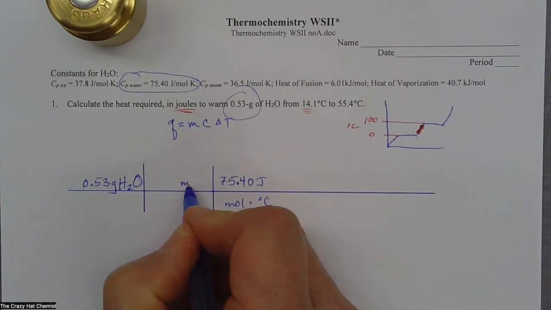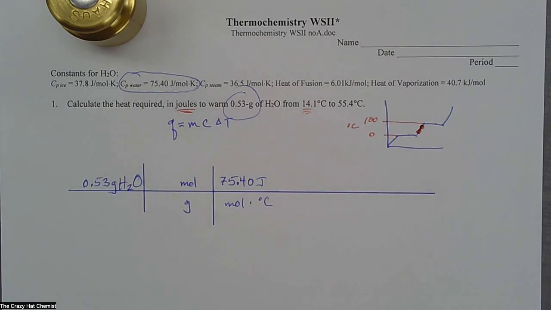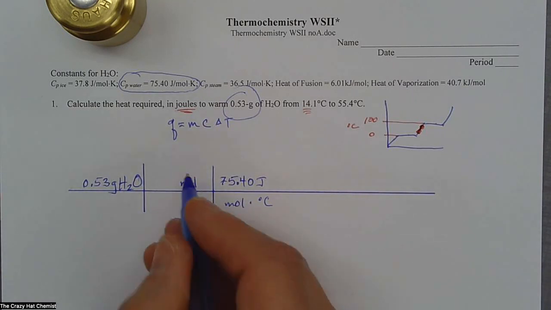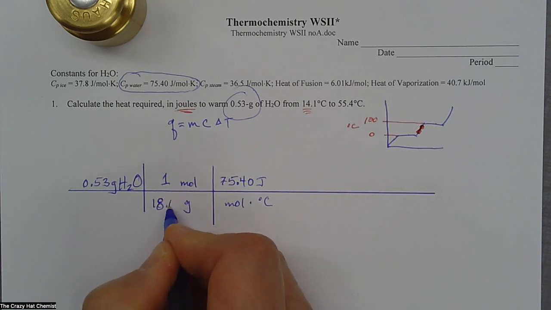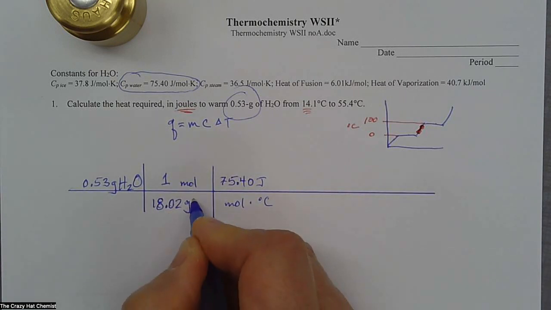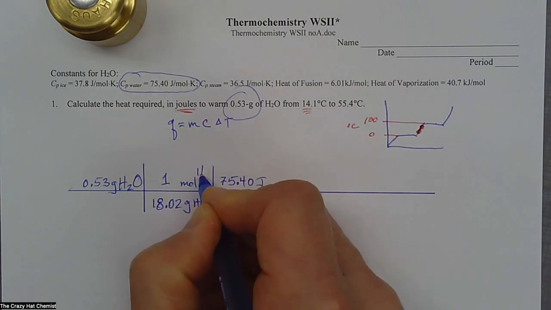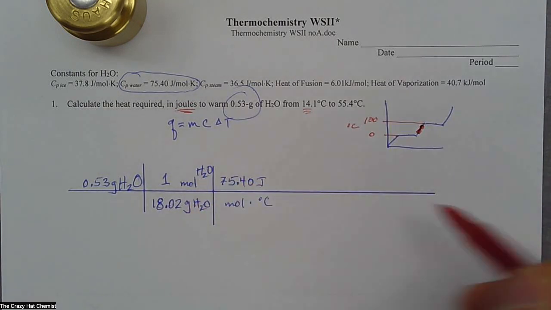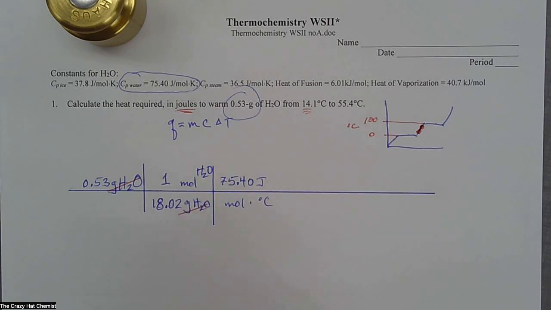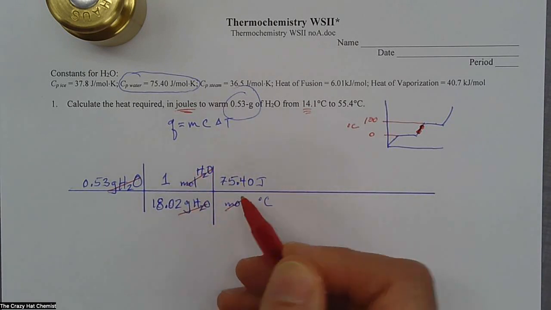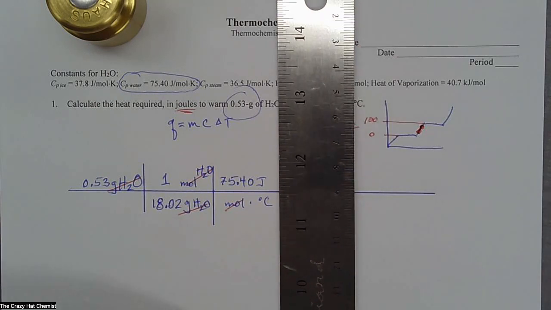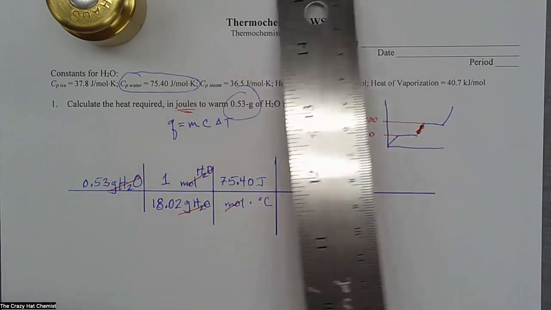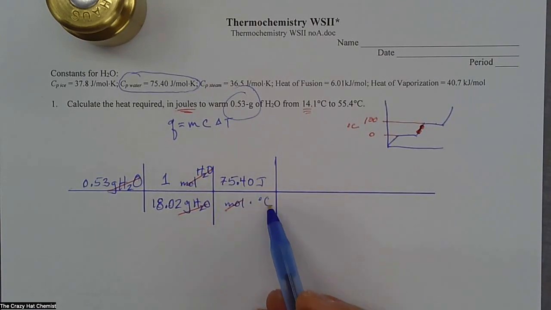So I'm going to have moles up here, and that will enable me to cancel out the grams. So 1 mole of H2O is equal to 18.02 grams of H2O. You should see that grams of water and moles of water are all canceling out right here. Okay, and now for units, what remains is joules per degree Celsius.